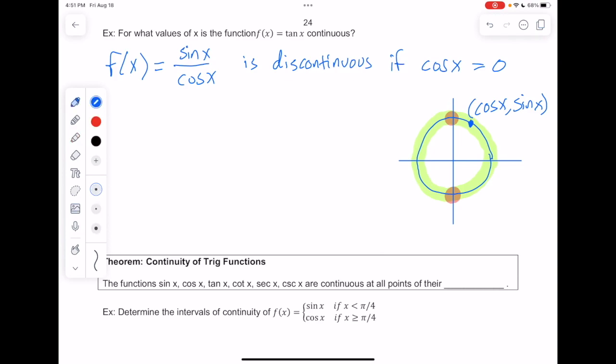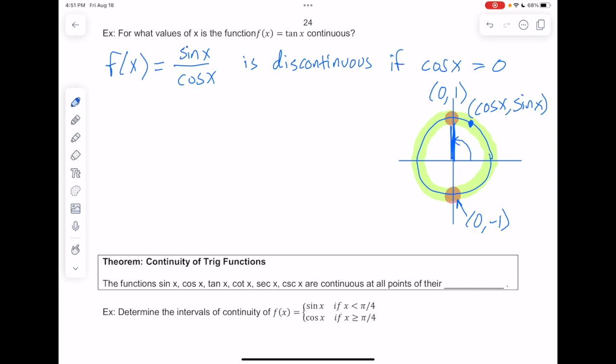What are those actual coordinates? This point up here is 0, 1, so there's the 0 in the x spot, and this one down here is 0, negative 1, but again, 0 in the x spot. So then the next question becomes, what angles are those? You measure your angle from the positive x-axis. So if we came this way, there's our first angle. That would be pi over 2.